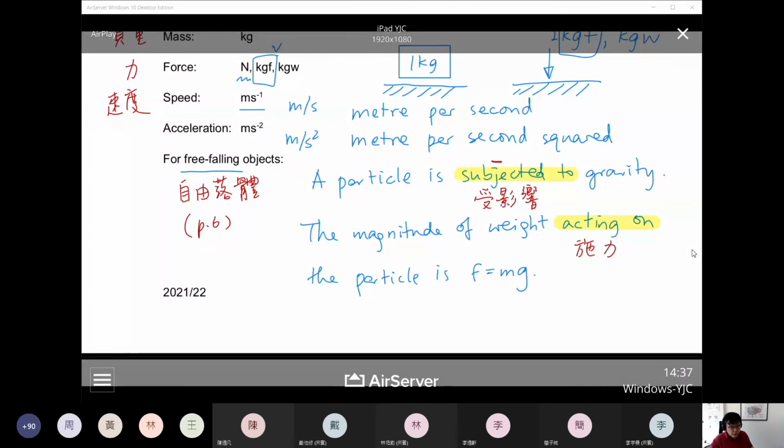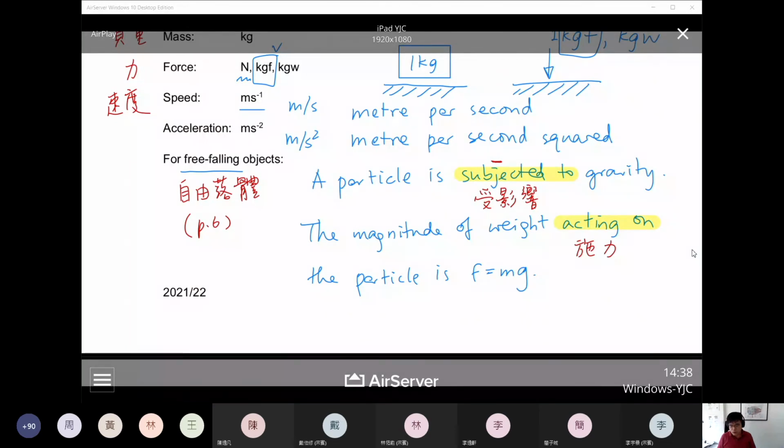And acting on means putting force on. So we say a particle is influenced by gravity, so it can accelerate by g, 9.81 meter per second squared.